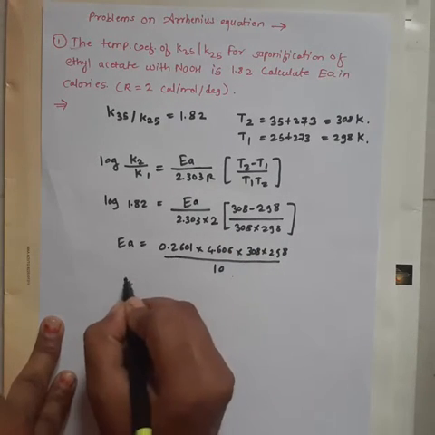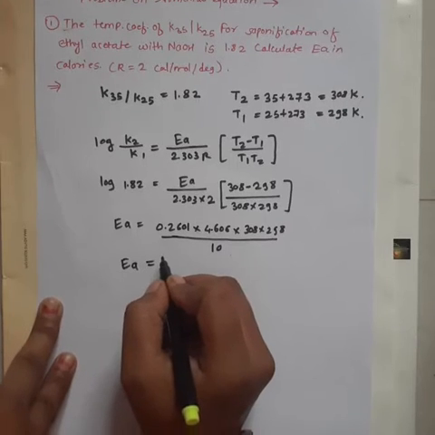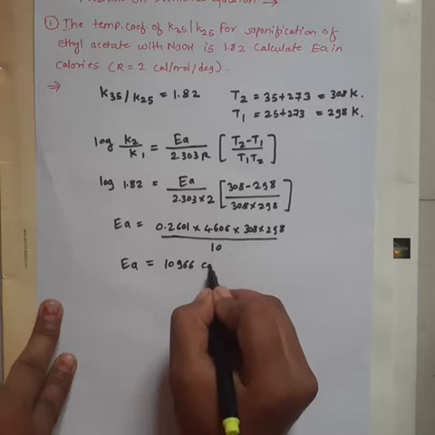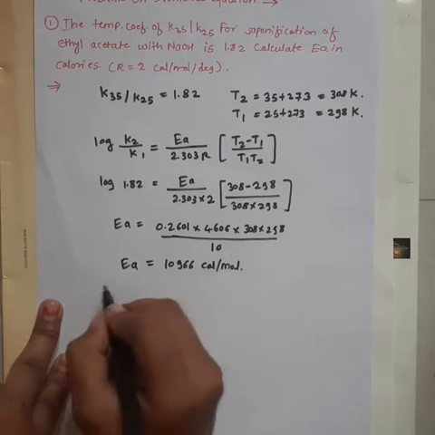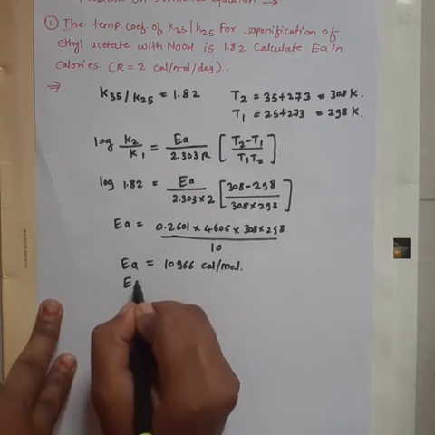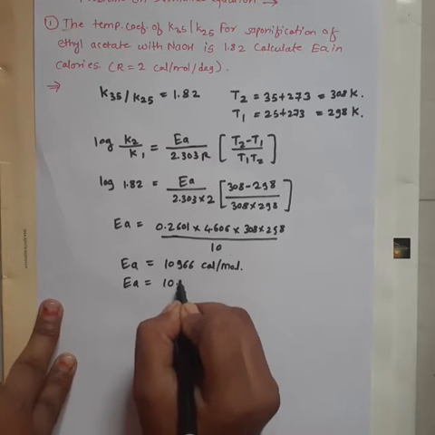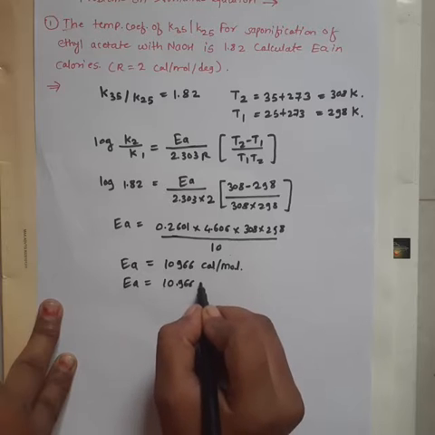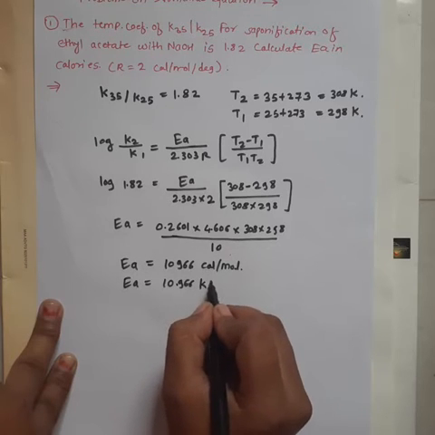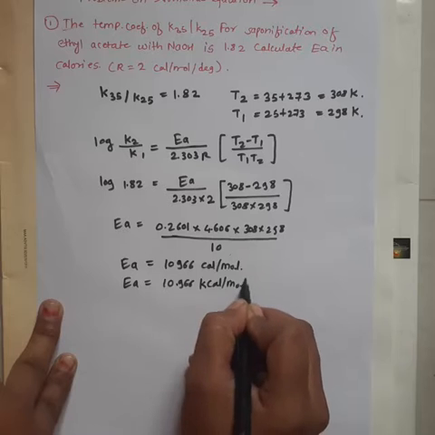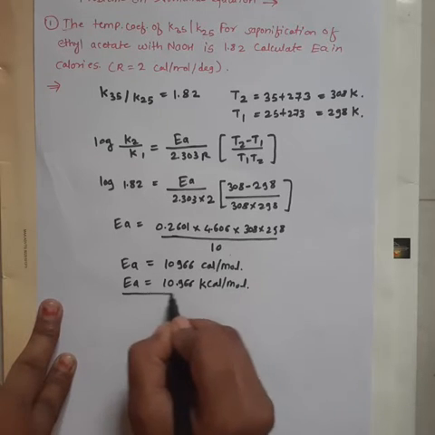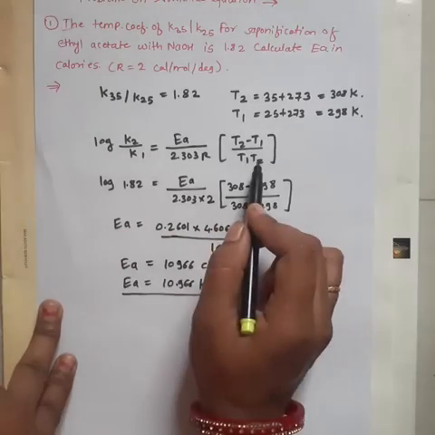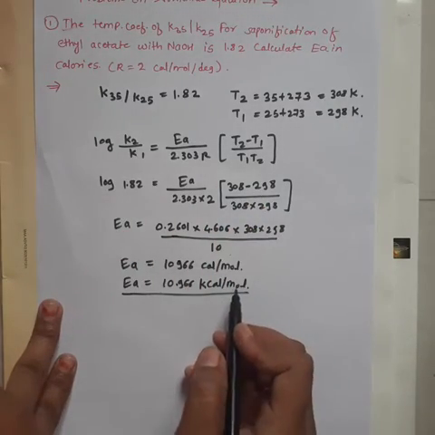If we do the calculation, we get the value of EA as 10966 calories per mole. If we convert this activation energy into kilocalories, how can we write it? This is 10.966, as 3 digits are shifted, so we call this kilocalorie per mole. So this is the activation energy. So from the Arrhenius equation we can calculate the activation energy.